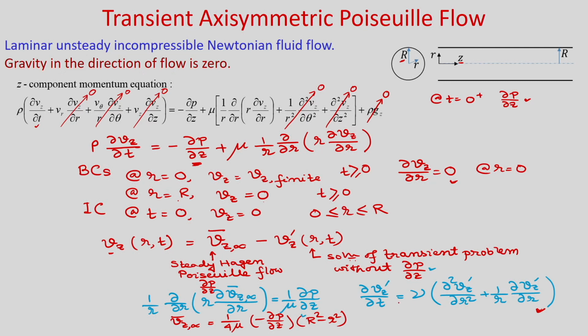Now, let us see the boundary conditions. If the r direction has homogeneous boundary conditions, then we can use the separation of variables method. So, now let us write the governing equation. We have del Vz prime by del t is equal to nu times del 2 Vz prime by del r square plus 1 by r del Vz prime by del r. So, what are the boundary conditions?